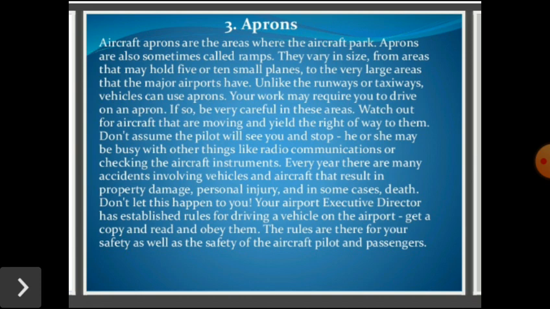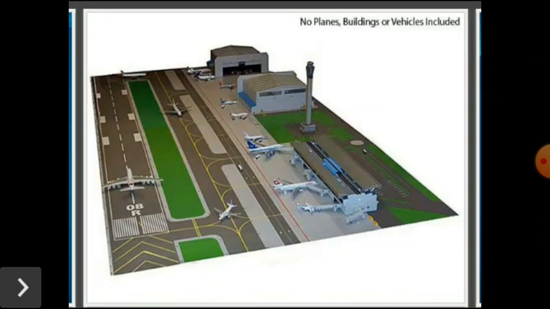So don't let this happen to you. Your airport executive director has established rules for driving a vehicle on the airport. Get a copy and read and obey them. The rules are there for your safety as well as the safety of the aircraft pilot and the passengers. The figure shows the apron. The apron is just the area, not including the planes, buildings, or any vehicles.